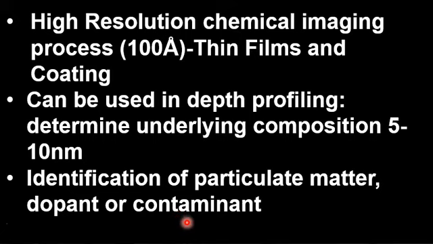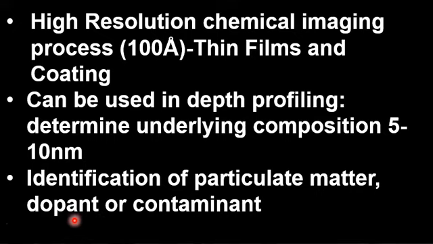Due to this, Auger electron spectroscopy is a very important technique in the semiconducting and microelectronic industry, because in the microelectronic industry we need very pure single crystalline substrate materials. In order to achieve a single crystalline pure substrate material with more than 99% purity, we need Auger electron spectroscopy to assess if there is any type of contaminant present.